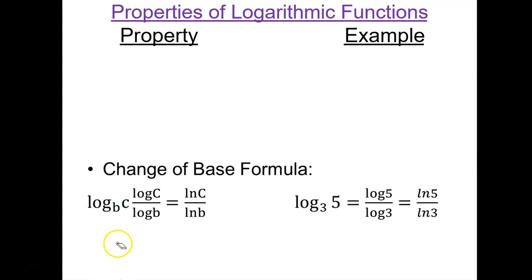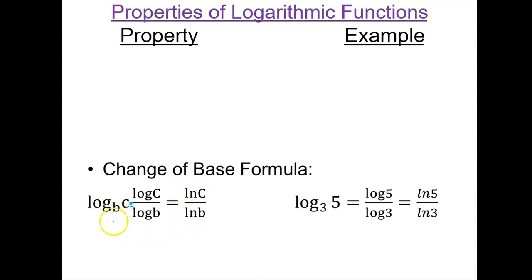What it's trying to say is if I have log base b of c, that should equal log c over log b, which also equals the natural log of c over the natural log of b.